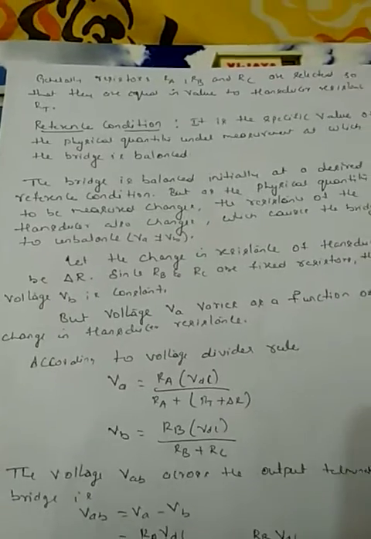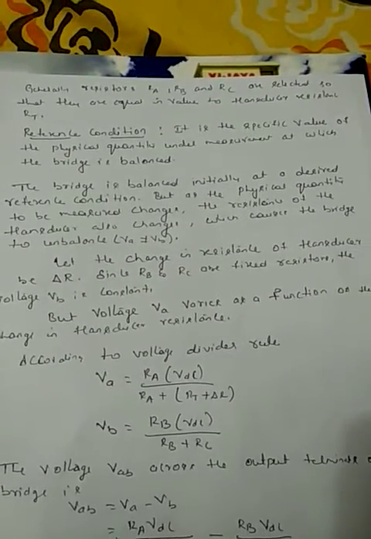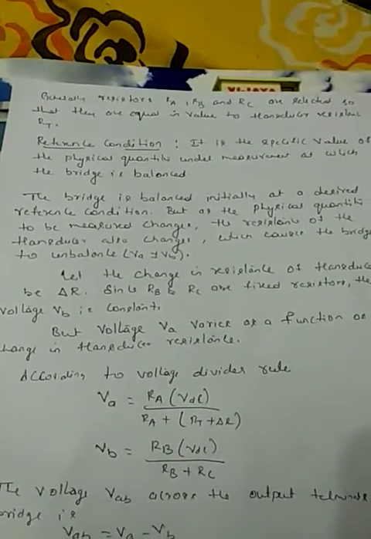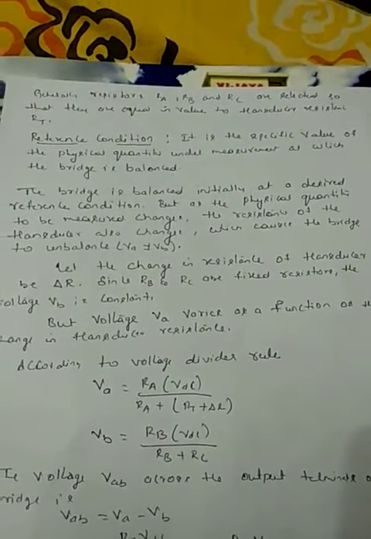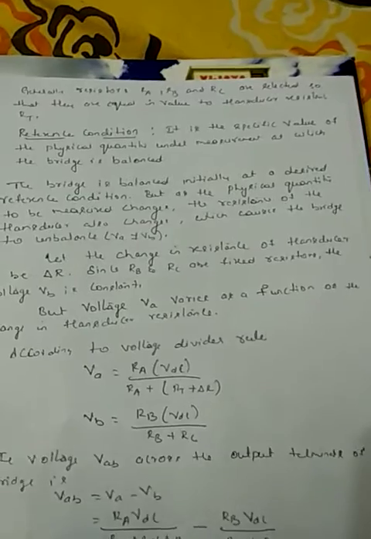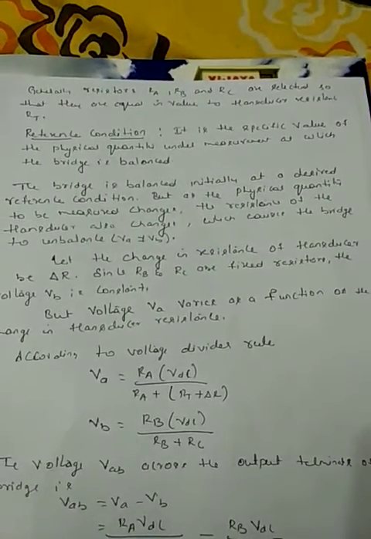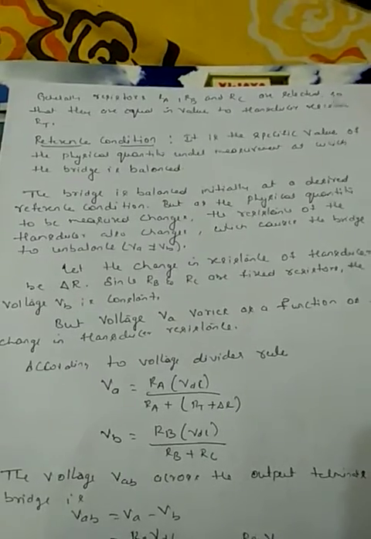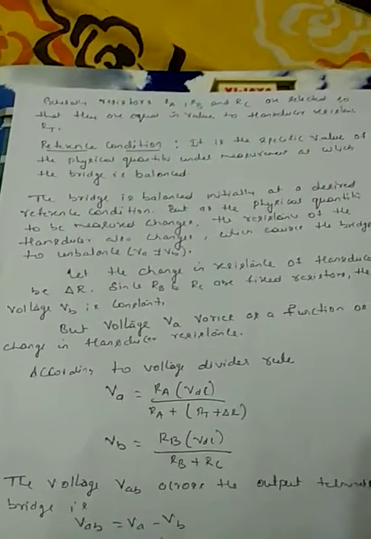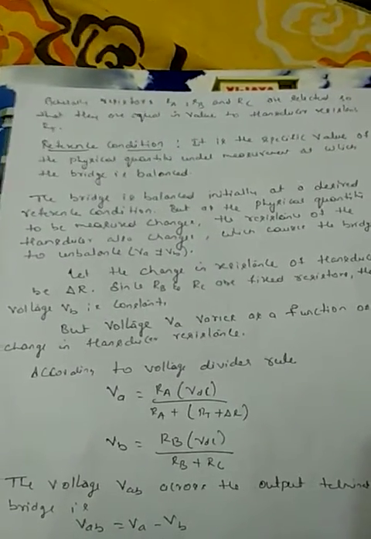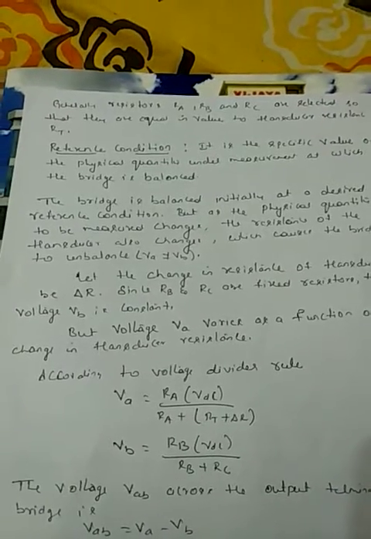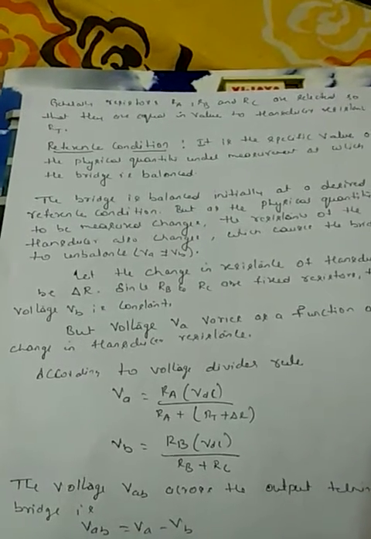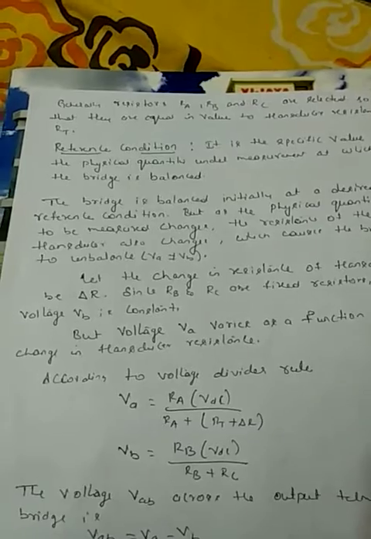The reference condition is a specific value of the physical quantity under measurement at which the bridge is balanced. So that is some input physical quantity that should be measured, and under that specific value the bridge is balanced.